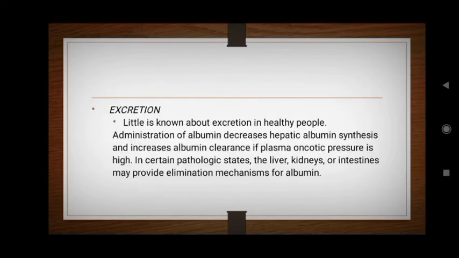For excretion, little is known about excretion in healthy people. Administration of albumin decreases hepatic albumin synthesis and increases albumin clearance if plasma oncotic pressure is high. In certain pathologic states, the liver, kidneys, and intestines may provide elimination mechanisms for albumin.